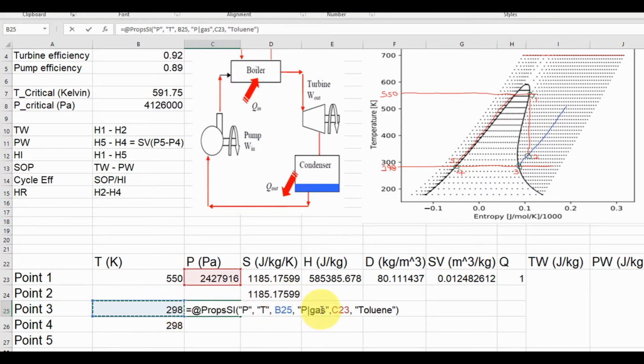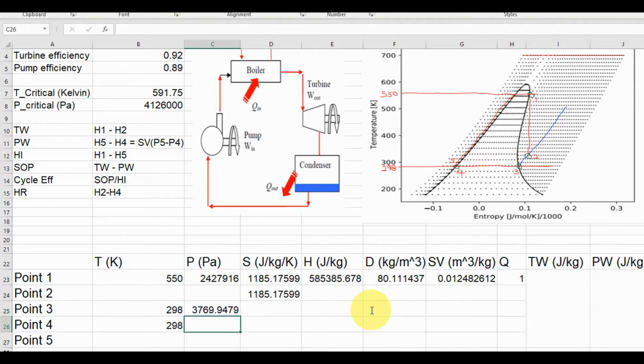And what else do I know here? Like I said, I know the quality of the fluid because it's at its vapor, dry vapor phase. So it's going to be 1. So rather than use P for gas, I change this to Q. And I know that the Q is equal to 1 at dry vapor. So this is 1.